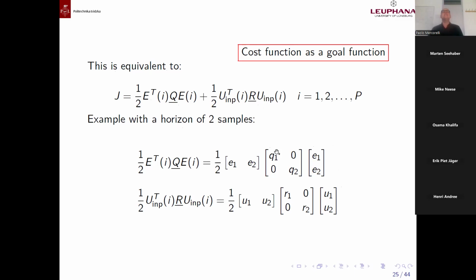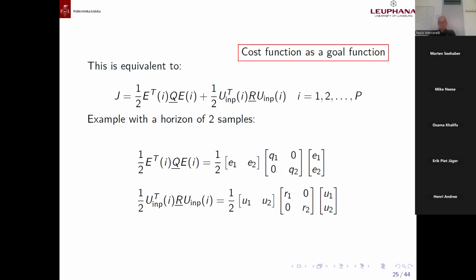Let me consider just the weights, because this weight here is a little bit difficult to be interpreted, at least at this stage. This one makes more sense, because it's the weight of the error.